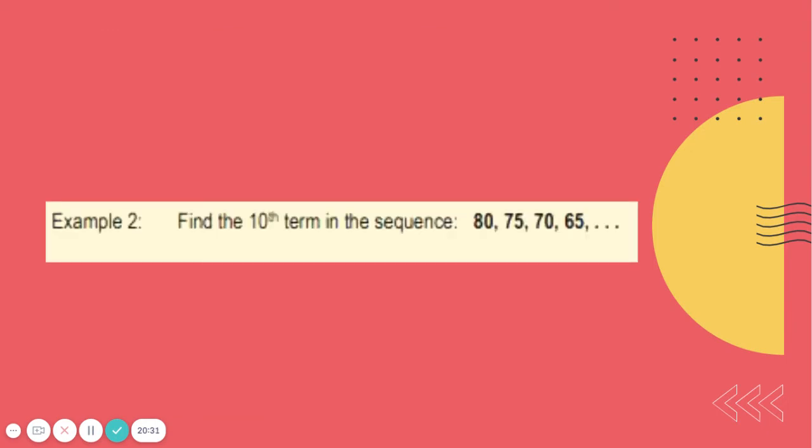So find the 10th term in the sequence 80, 75, 70, 65. So I want you to have your paper beside you and try to find the 10th term of this sequence. So una, hanapin nyo muna yung first term, and then the common difference, and then the total number of terms. So I'll be giving you 10 seconds and let's see if you got the correct answer.